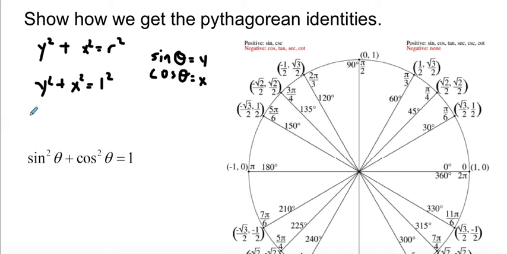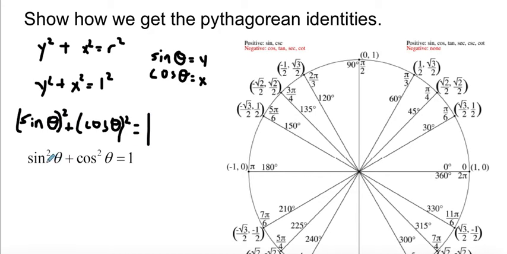So this goes sine of theta, because that's our y, and we square that, plus cosine, because x is cosine on the unit circle, squared, equals 1 squared, and 1 squared is simply 1.